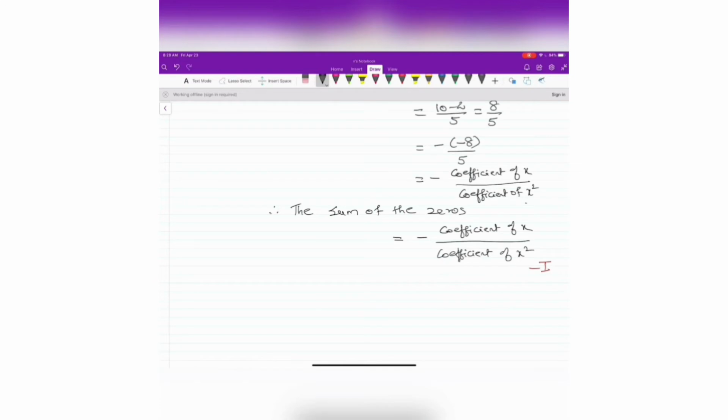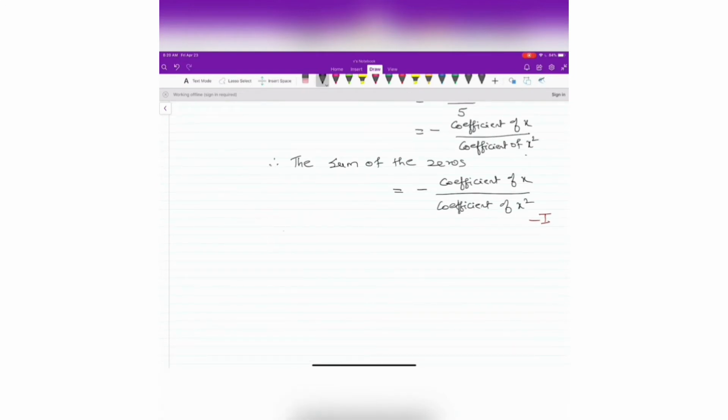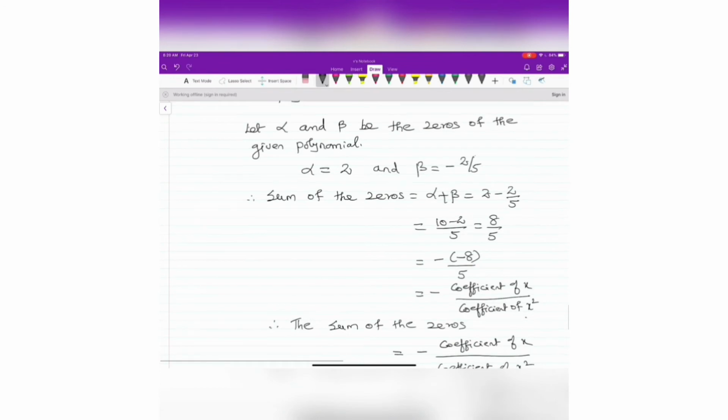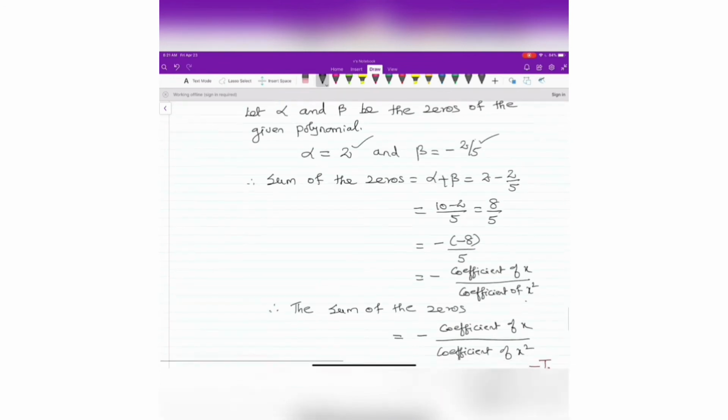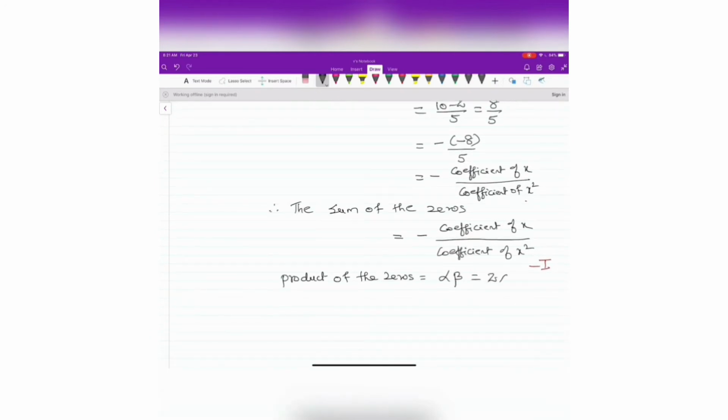Now, what will happen to the product of the zeros? Product of the zeros is equal to alpha beta, which is equal to, you know, alpha is 2, beta is minus 2 by 5. So, 2 into minus 2 by 5, this is nothing but minus 4 by 5. What is minus 4?